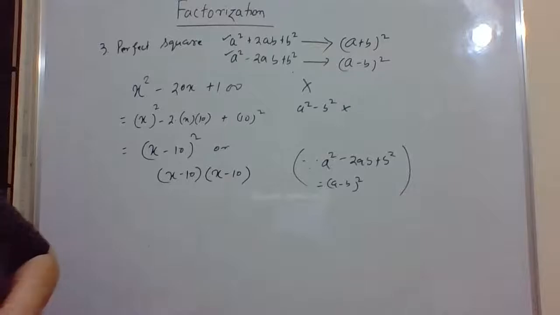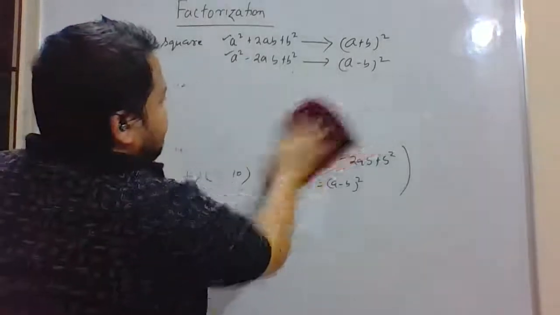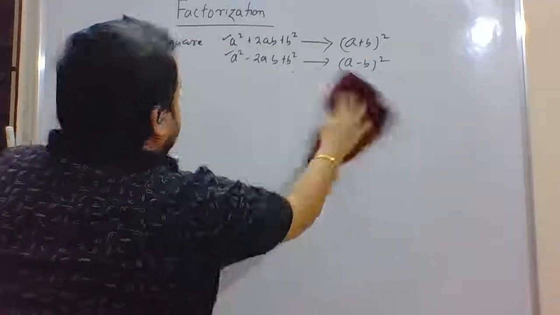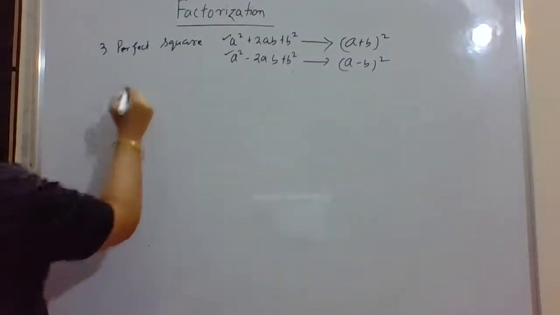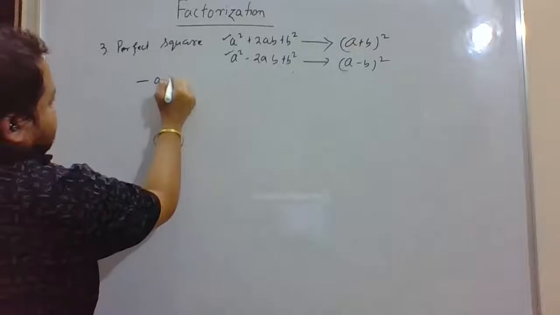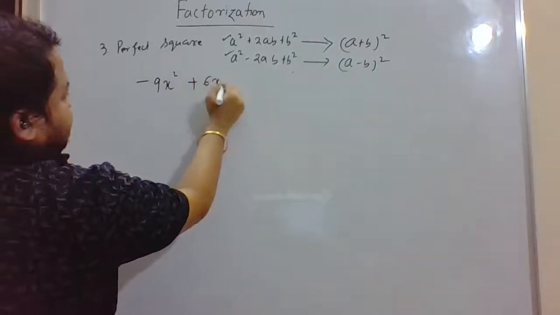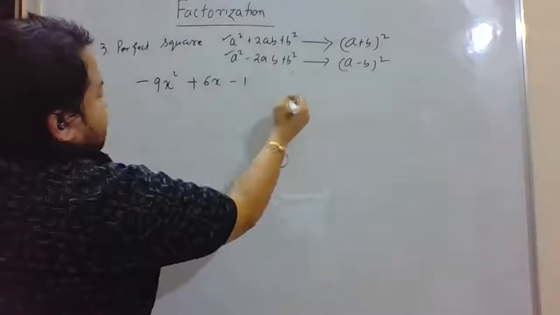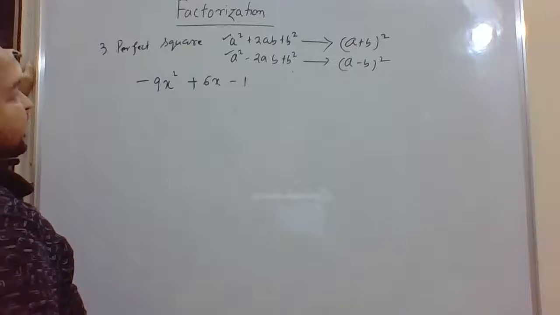Okay, let's go to the last problem for today, and with that we will call it a day. Our last practice problem in factorization is minus 9x squared plus 6x minus 1. If you notice, is there any common term? Yes, there is a common factor, that is minus 1.